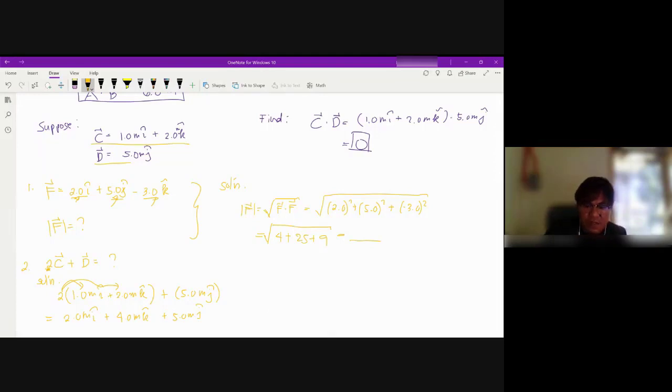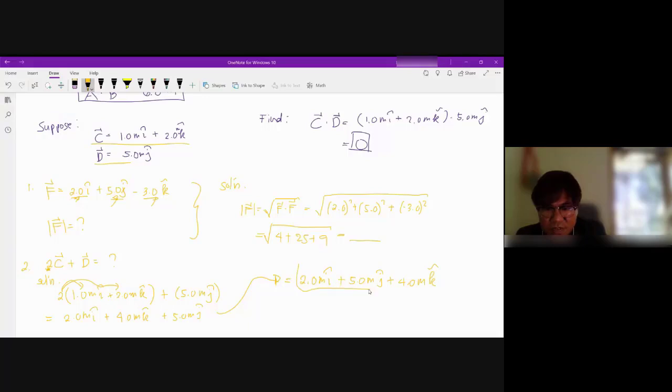So therefore, your vector sum, you cannot combine them because they are not the same unit vector. I hat, J hat, K hat man sila tanan. So you just have to copy. Let me arrange it: you have 5 meters J hat plus 4 meters K hat. So that's the answer.